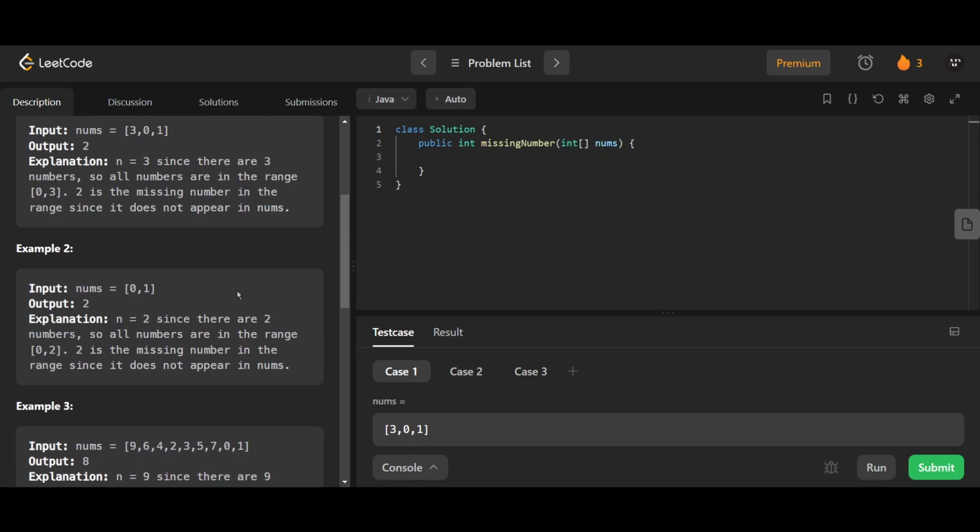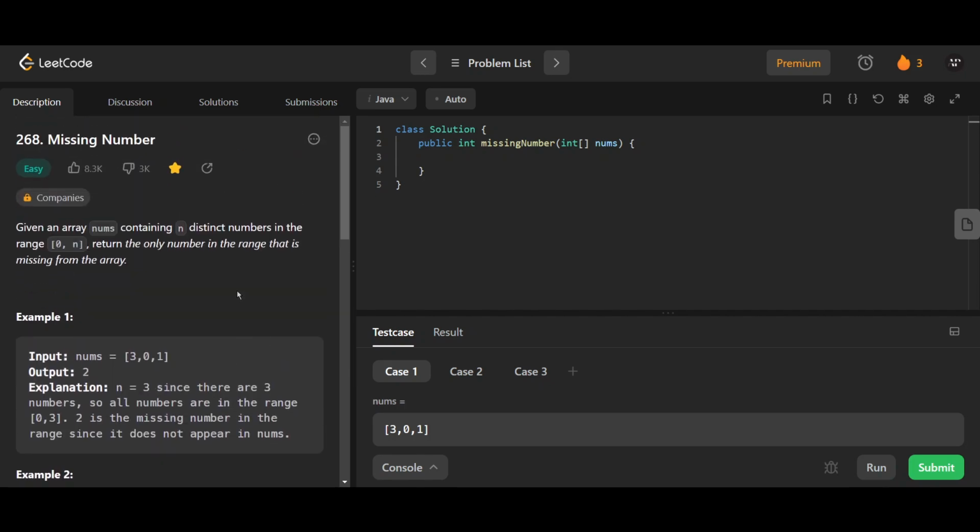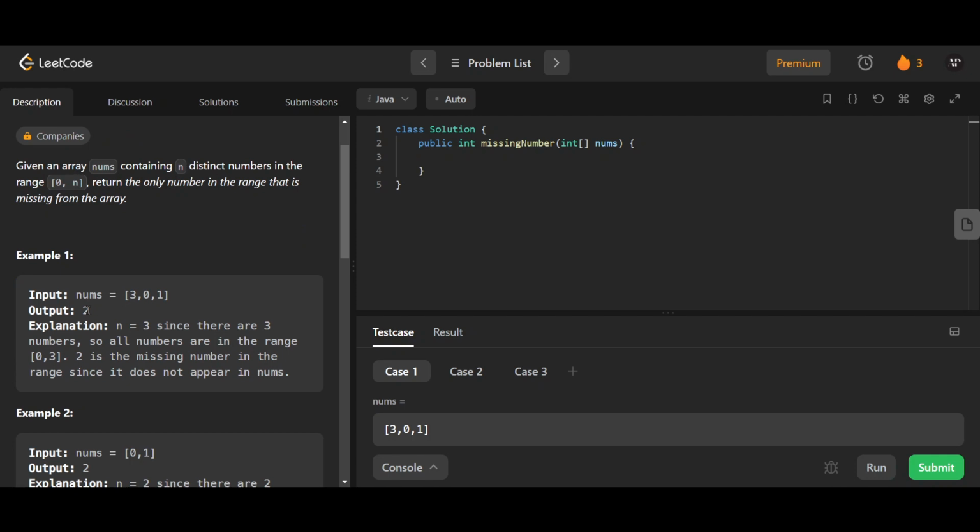Okay. One of the things that I was thinking was, see, all numbers are occurring except once. There are a few things, right? Let's see.